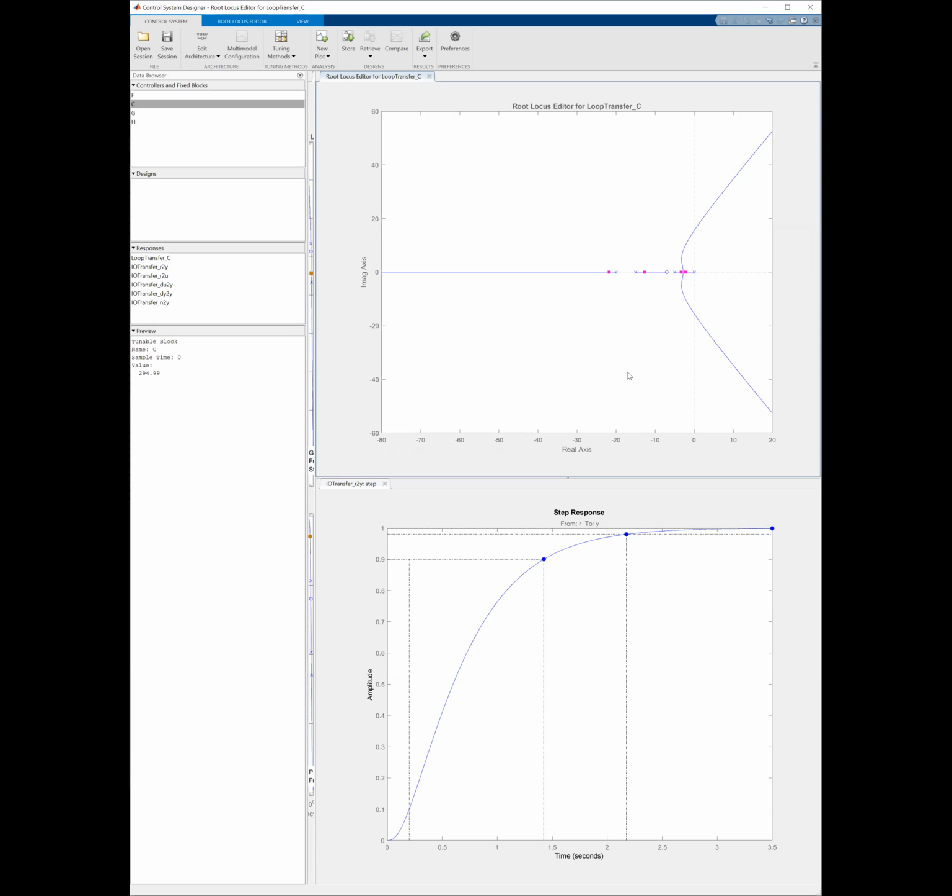There is one thing I want to show you, but before I do that, everyone, were you able to move the pole and see the changes in the step response and see that the gain got changed? Any questions here?